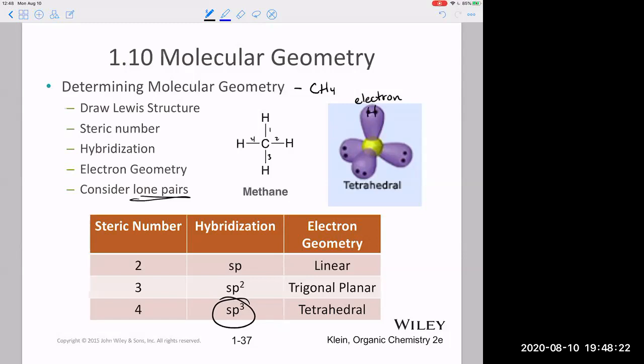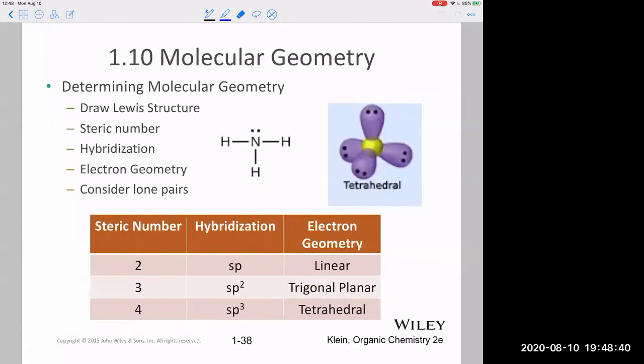So my hydrogens would all be located at the ends here. So the actual molecular geometry is a tetrahedral. This is how we would determine that for methane, the molecular geometry is the same as its electron geometry, a tetrahedral. But now let's take another example.